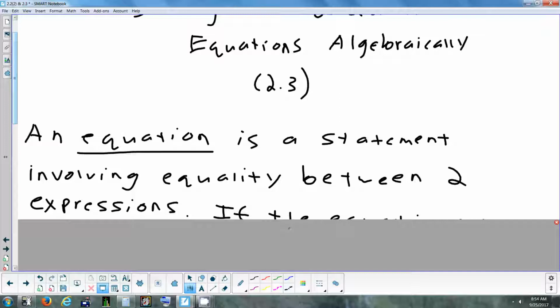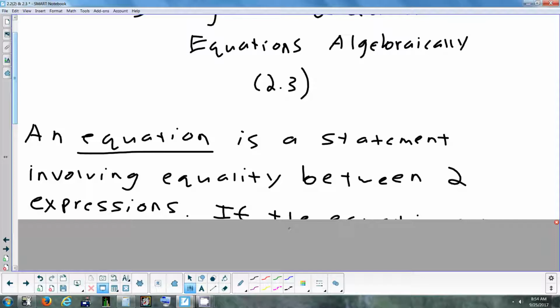And I think I had mentioned there's 3 types of equations. Does anybody remember what the 3 types of equations are? Or one of the 3 types? Oh, Tanya, do you remember? Linear?